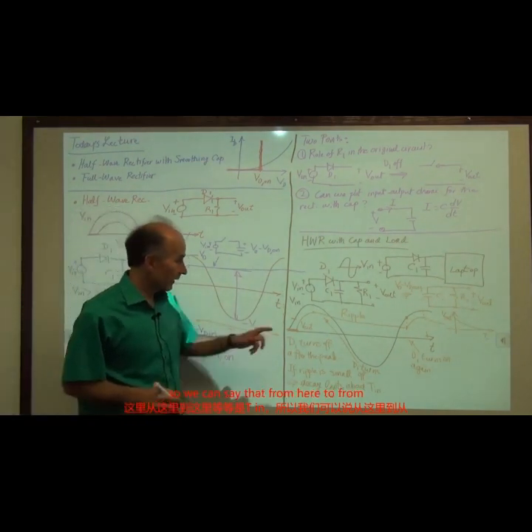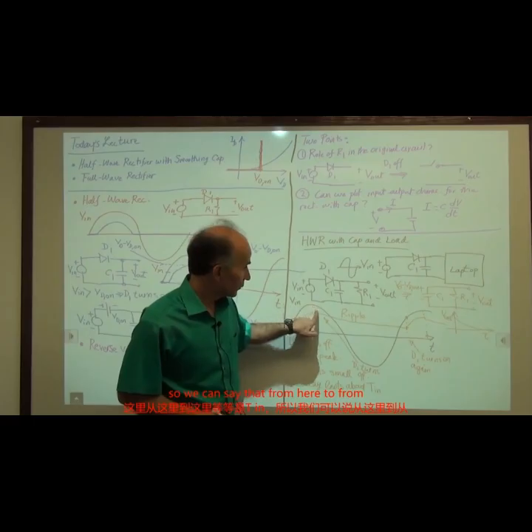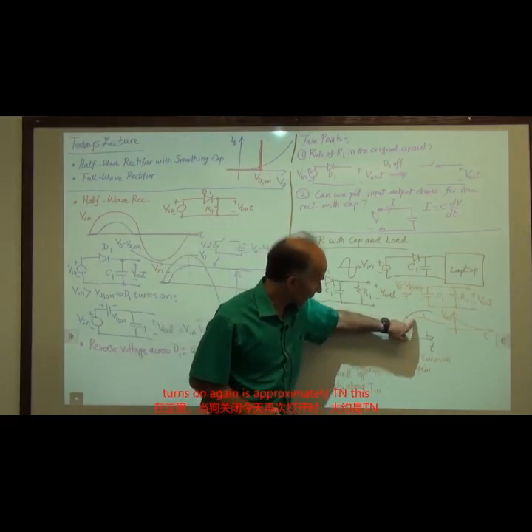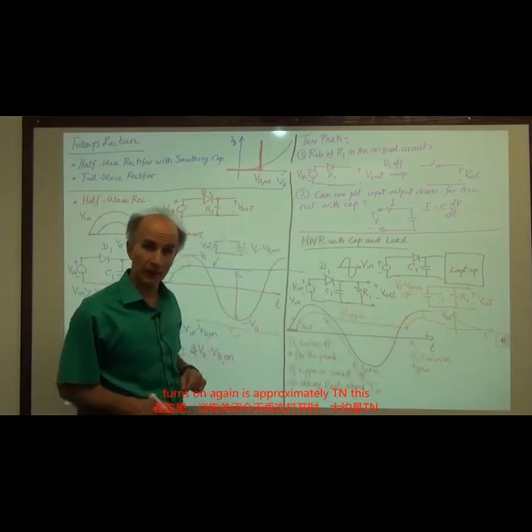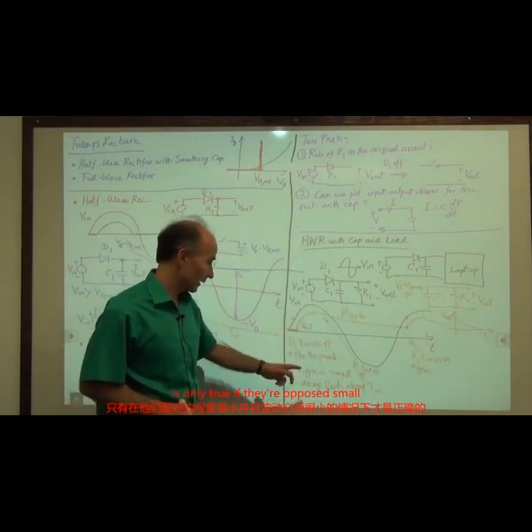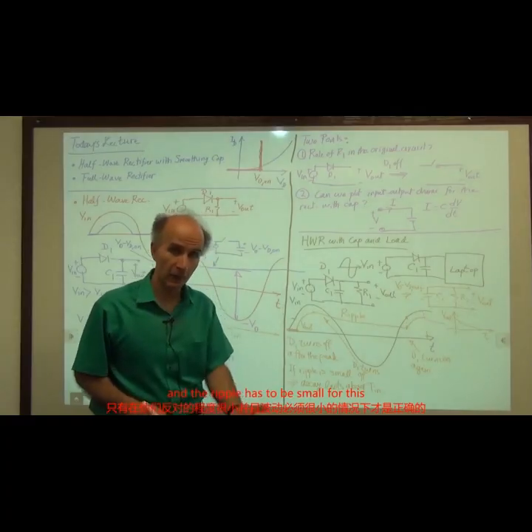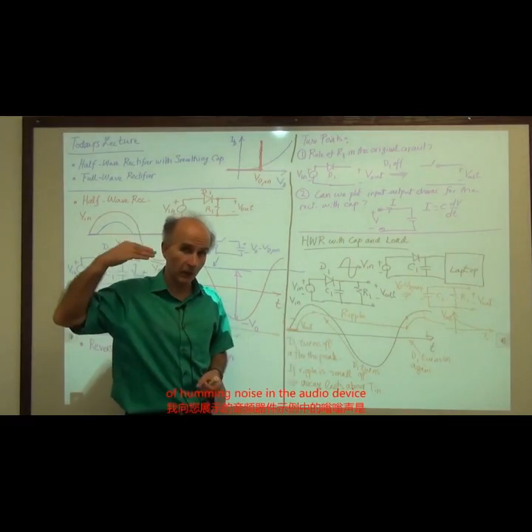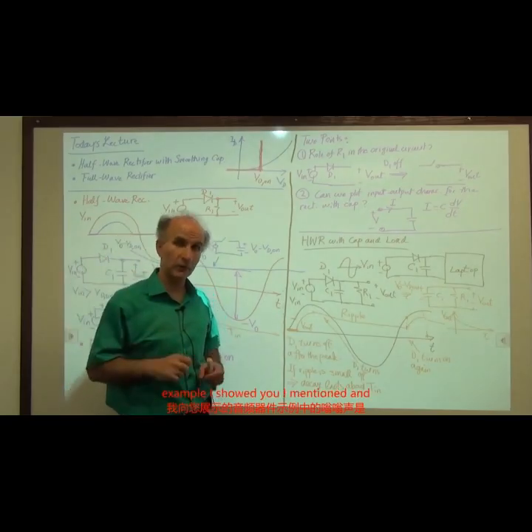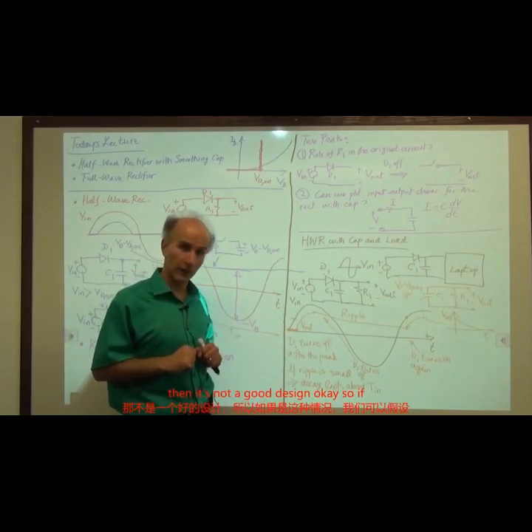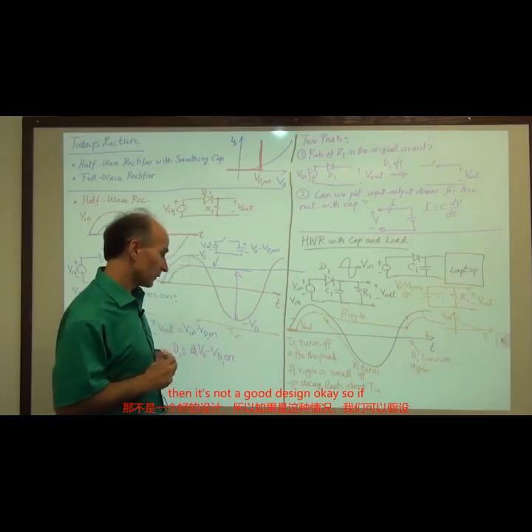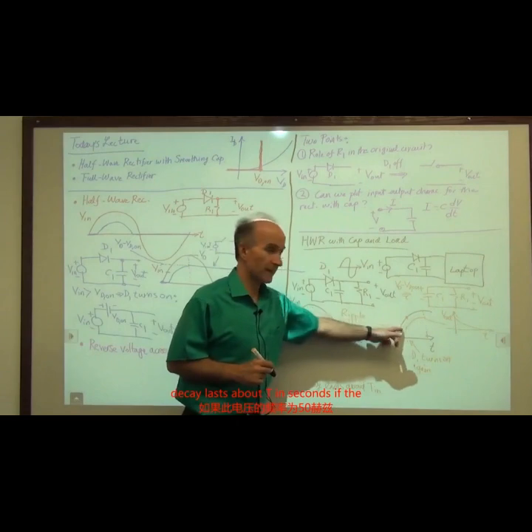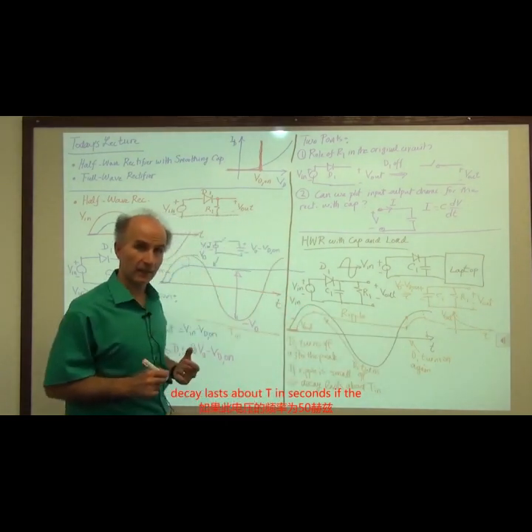So we can say that from here when the diode turns off until the diode turns on again is approximately T in. This is only true if the ripple is small, and the ripple has to be small for this design to be a good design. If the ripple is large, then we'll have lots of humming noise in the audio device example I mentioned, and then it's not a good design. Okay, so if that's the case, we can assume that this decay lasts about T in seconds.